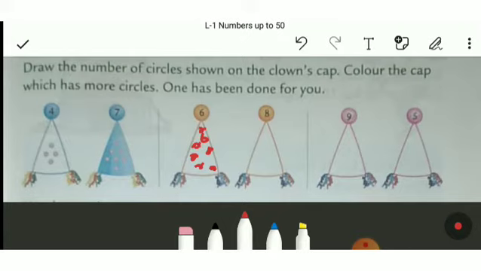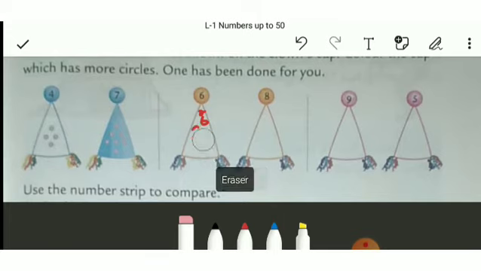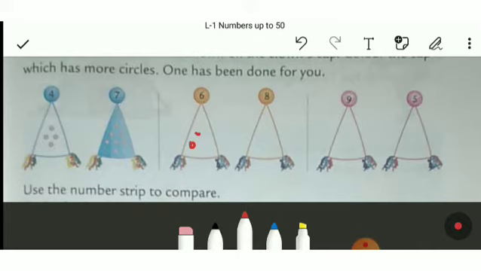Six. Wait a minute, we will draw again. And 2, 3, 4, 5, 6. Okay, these are 6 circles, and here 8 is given, so we will draw 8 circles. 2, 3, 4, 5, 6, 7, 8.